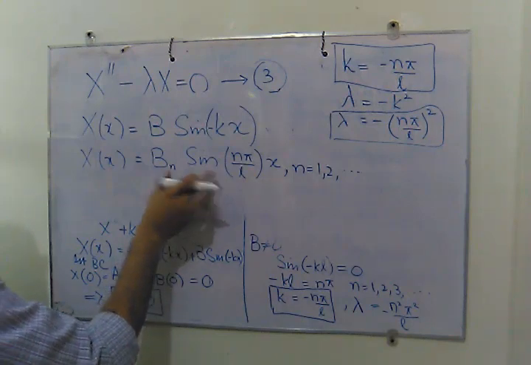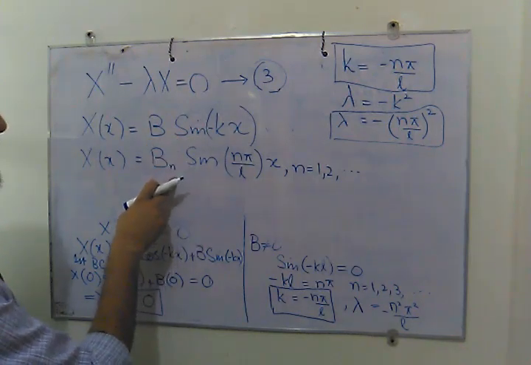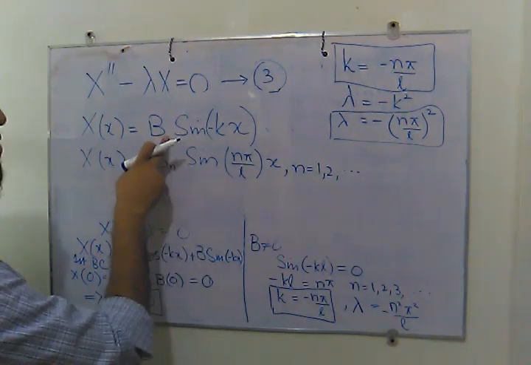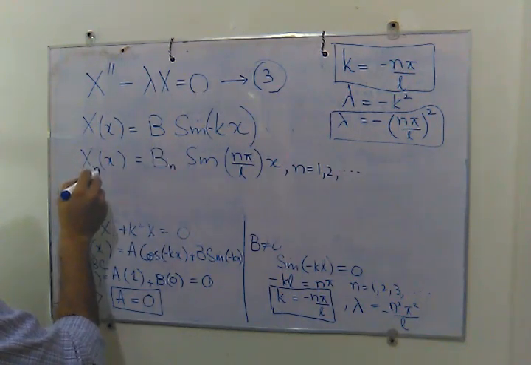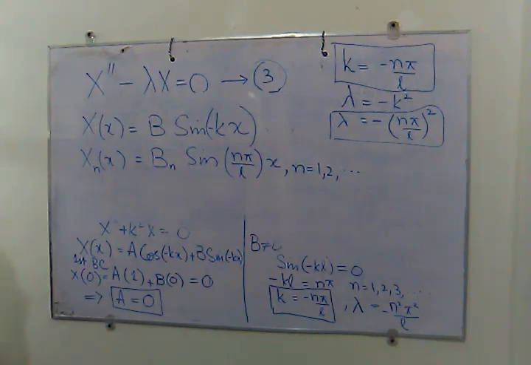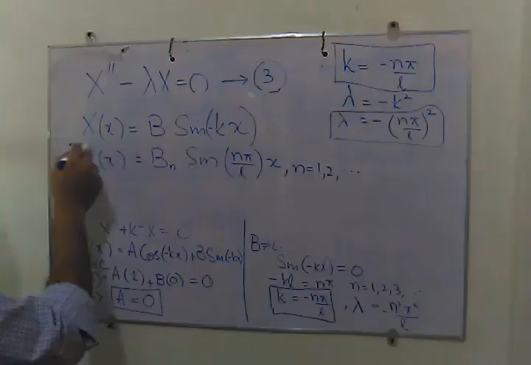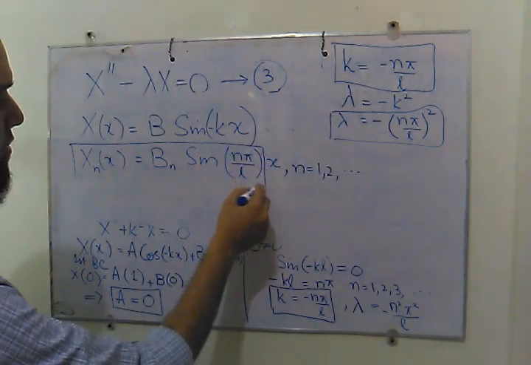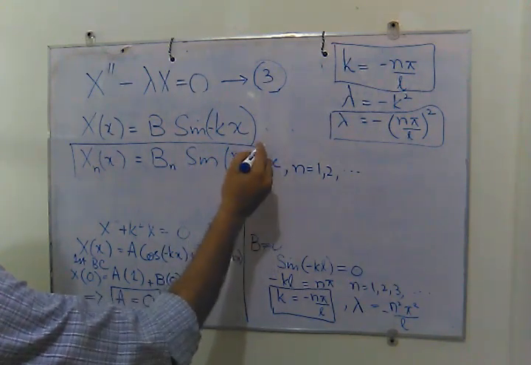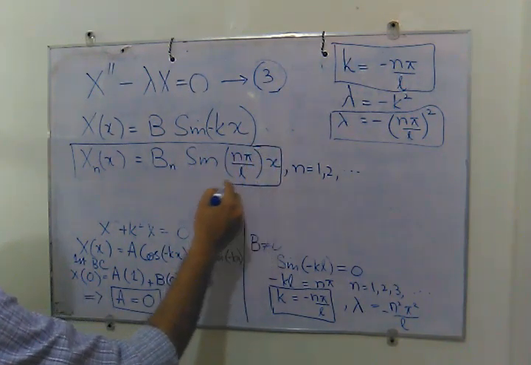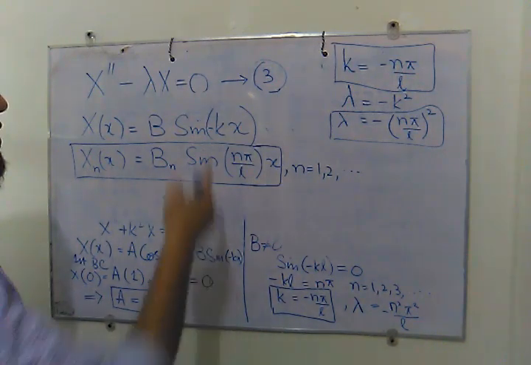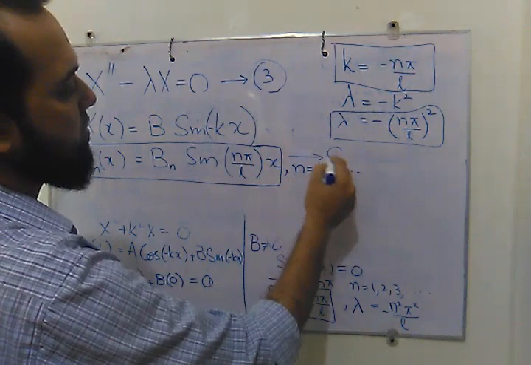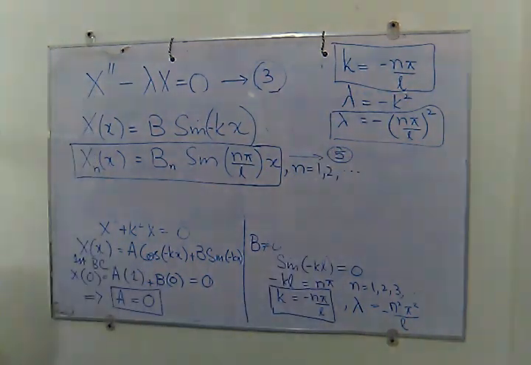So it is not a single solution. That's why this solution is also considered as n solutions. So we have found the solution for equation number 3 and we call it 5.